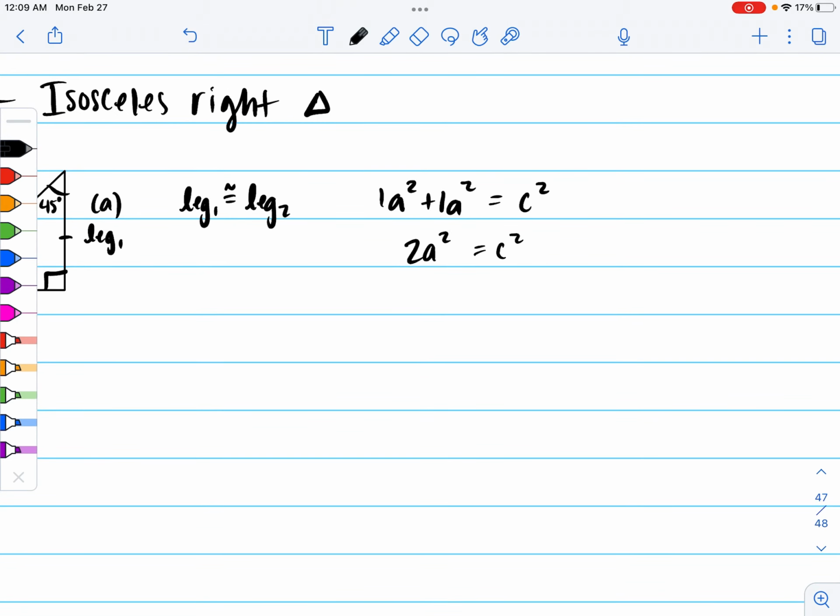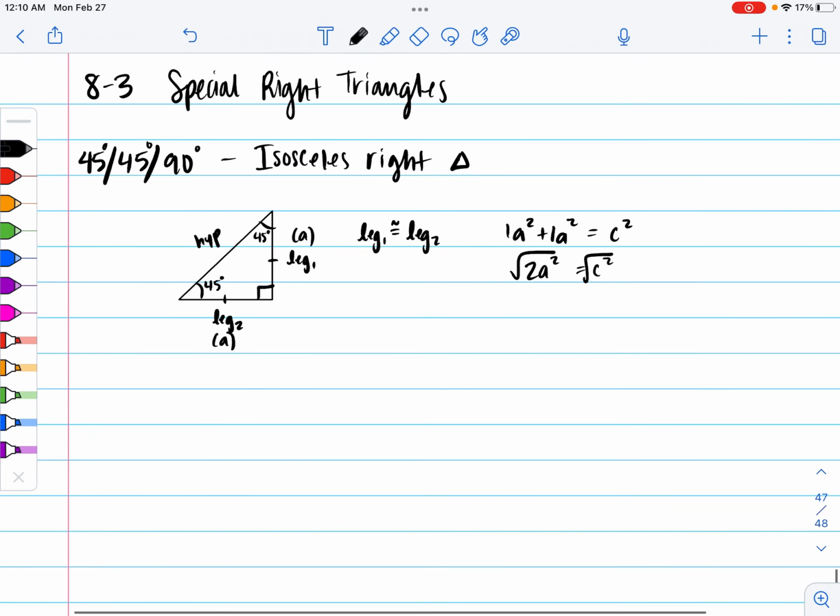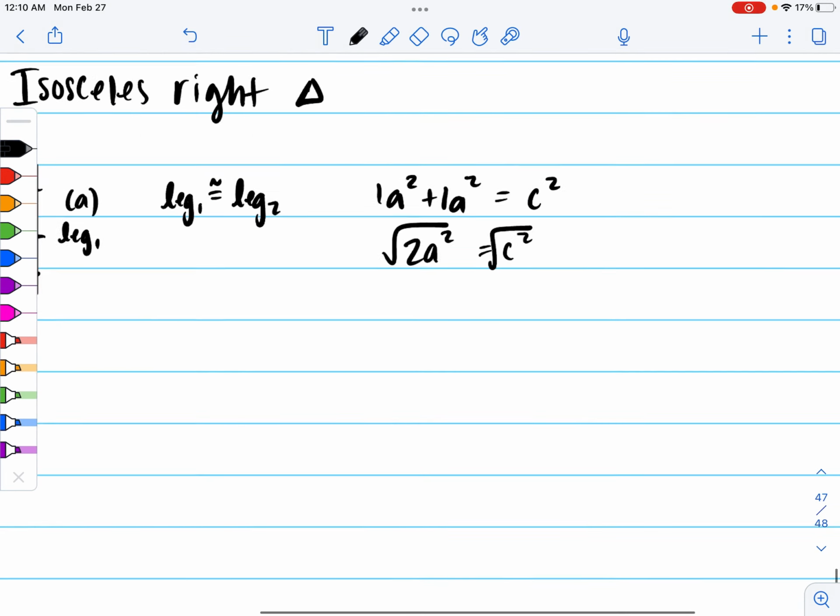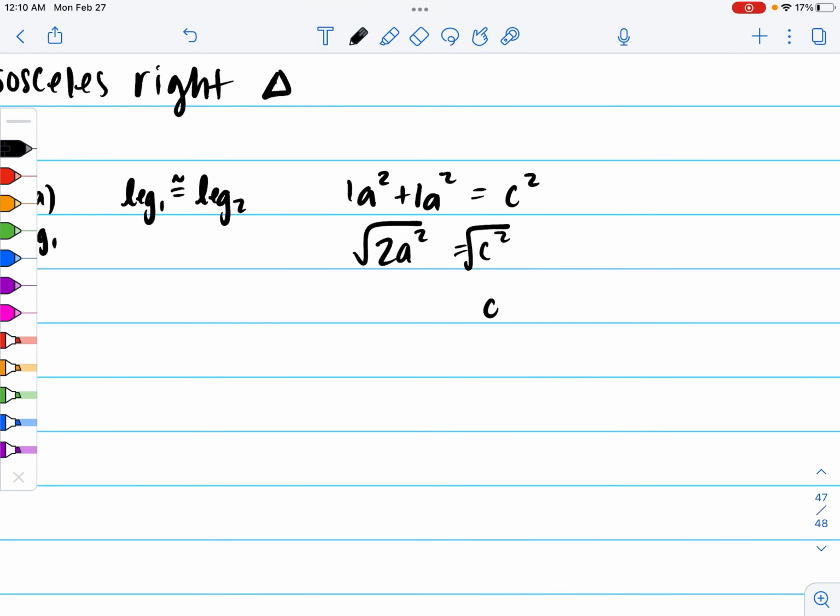Then, in order to get this by itself, we should square root both sides to get the c by itself, because that's the only part we don't know. If we square root both sides, we get c by itself, and we break this apart: the square root of a squared and the square root of 2.